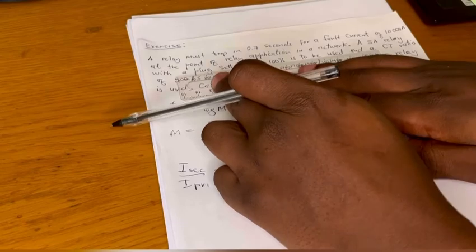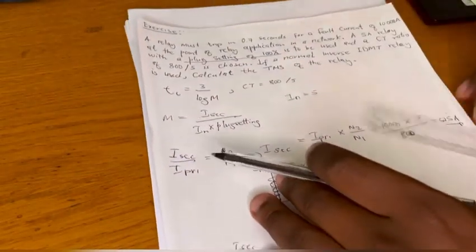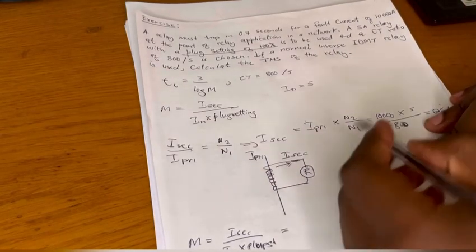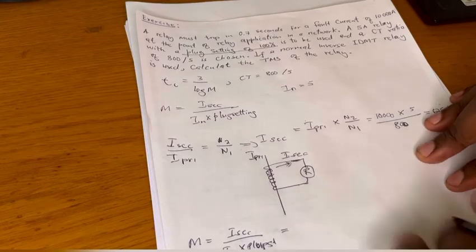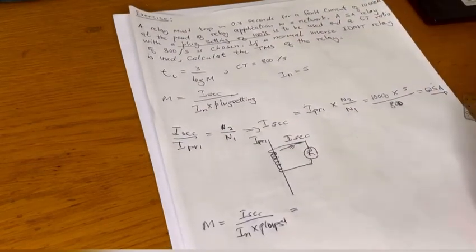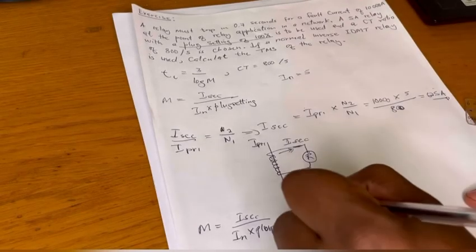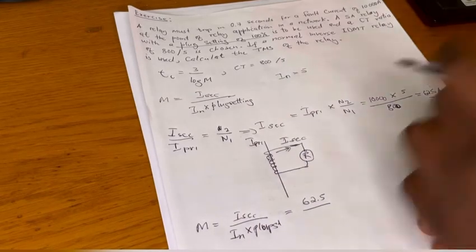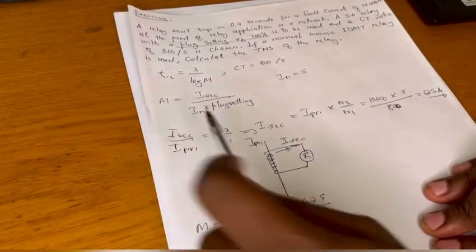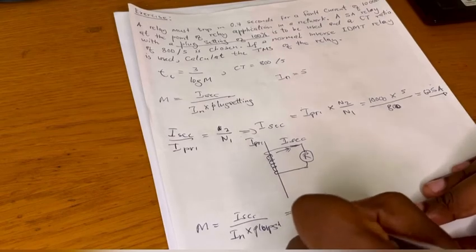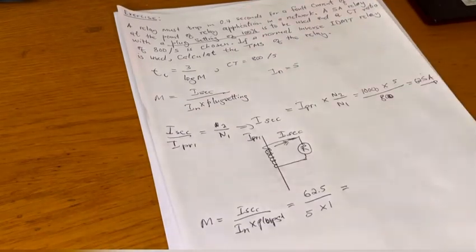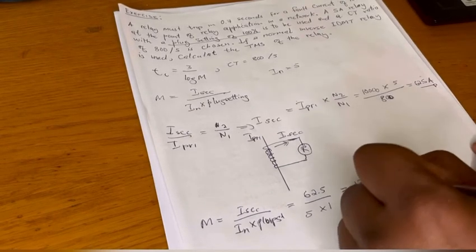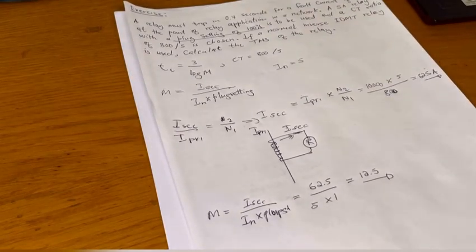To convert that percentage to a normal value, you divide by 100, so that is now 1. So we have our fault current of 62.5 divided by our normal operating current IN, which is 5 times 1. Using the calculator, M is 12.5.